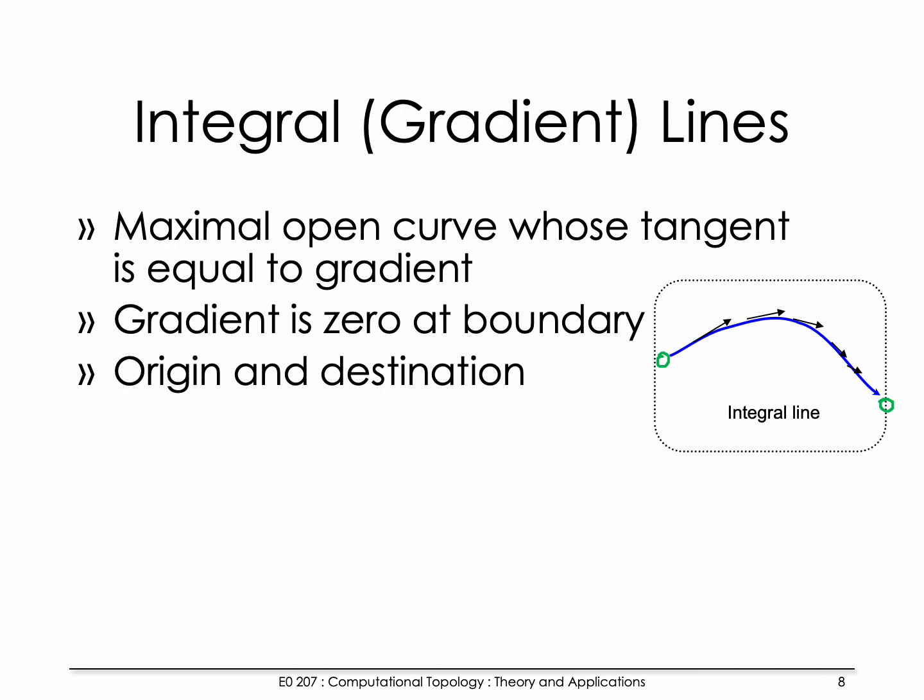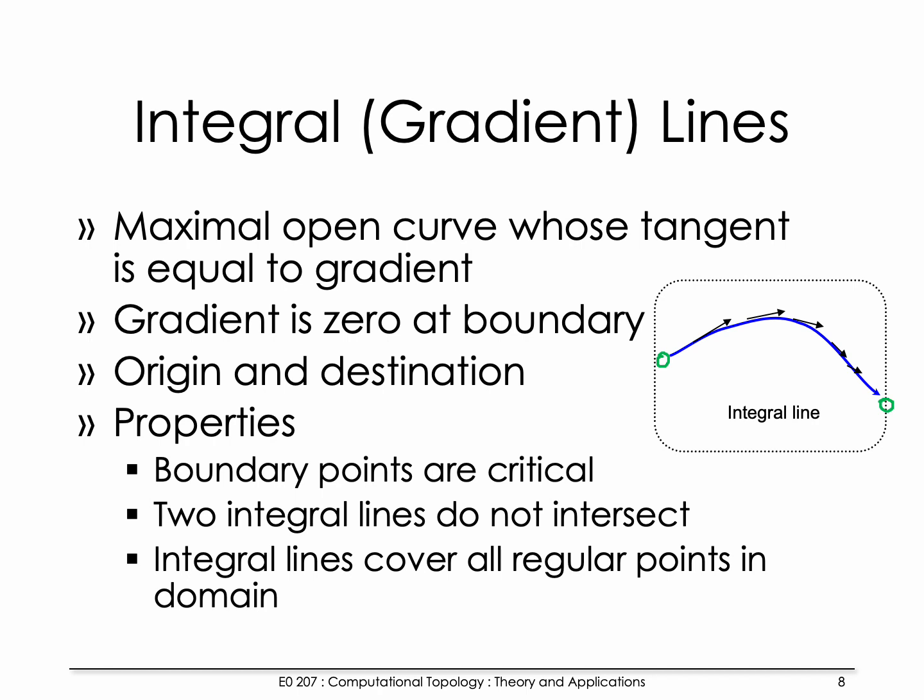So what are the properties of this integral line? The boundary points of the integral line are critical. So that's exactly where the gradient goes to 0. Two integral lines can never intersect, because if they do intersect, at the intersection point you know that the gradient is uniquely defined. If the two integral lines intersect, then this is no longer true, right?